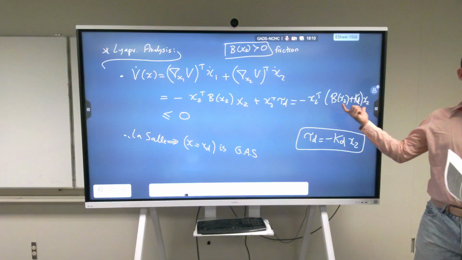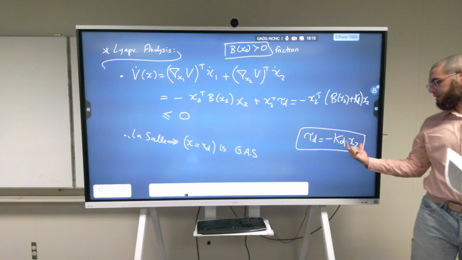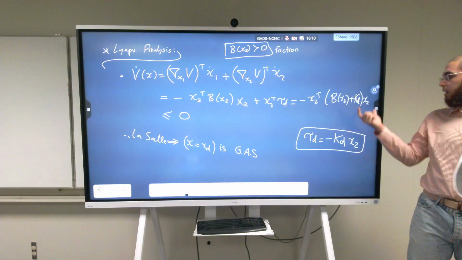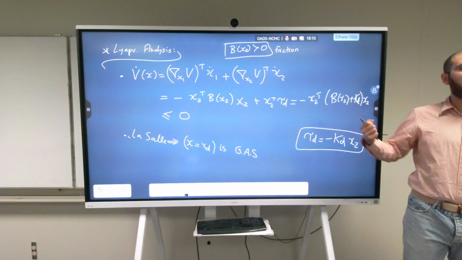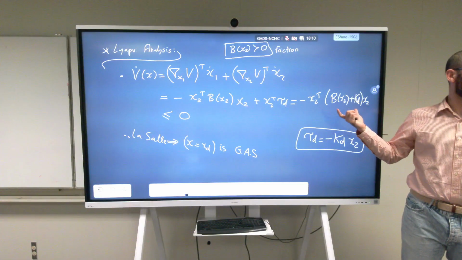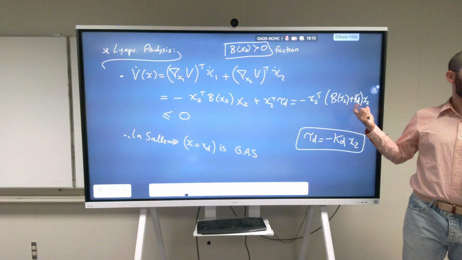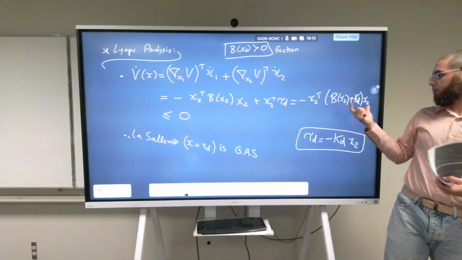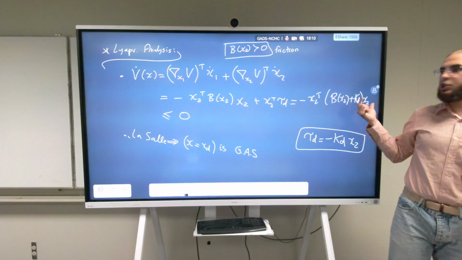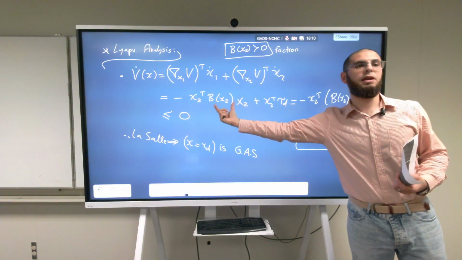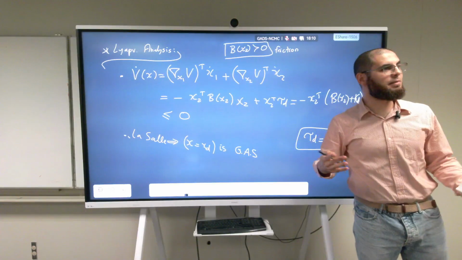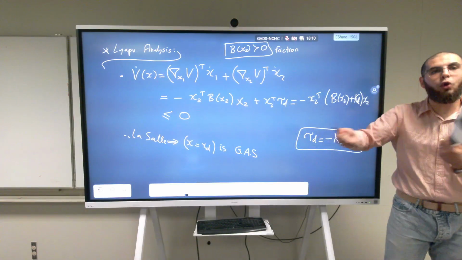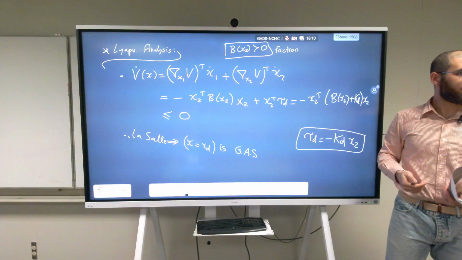And you see here, because of this kd variable, I can control how big or small this function is negative definite, negative semi-definite at least. So I can control how fast v dot goes to 0, just because of this kd term. Initially, I was only relying on the b, so it depends on whether this b is big or small. Now I can control the damping. I can change the damping of the system, okay?